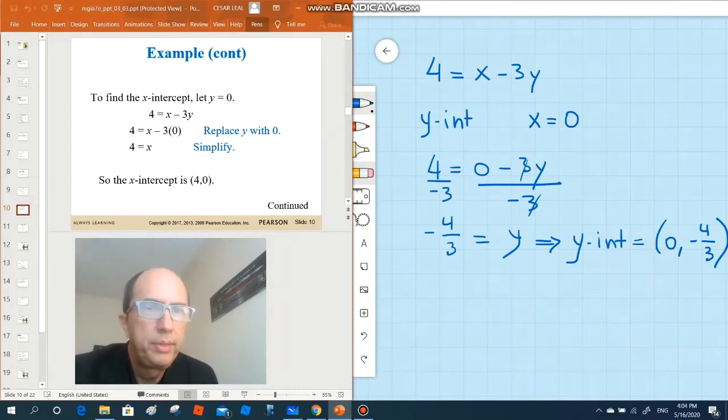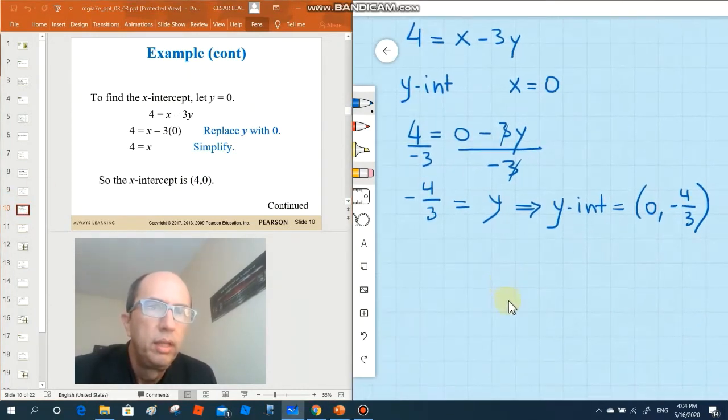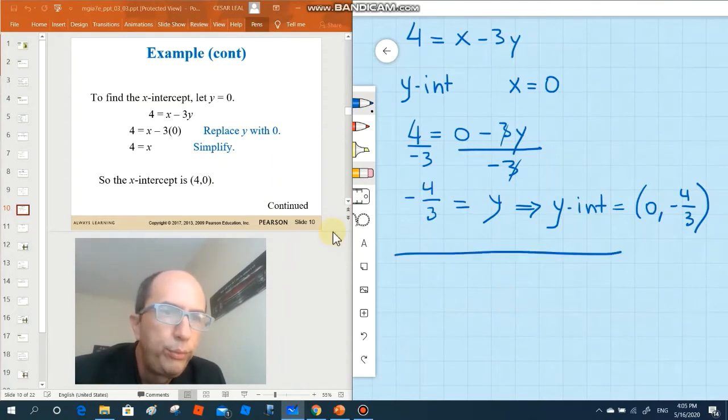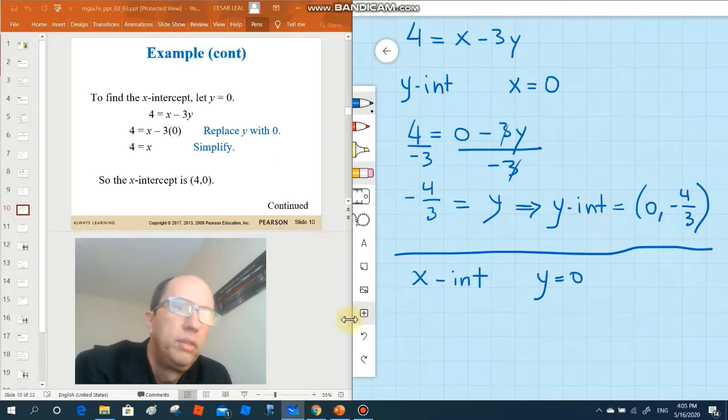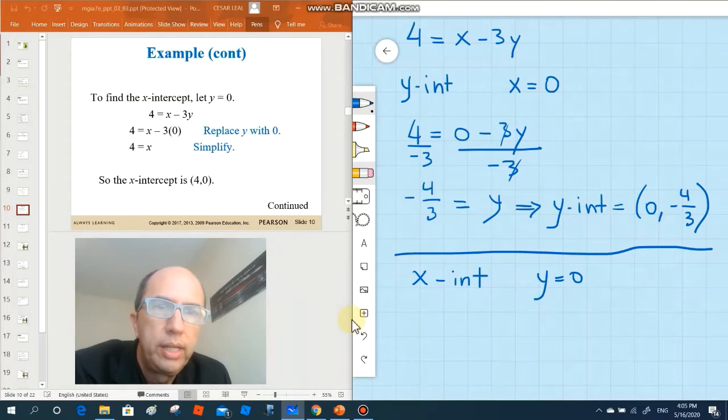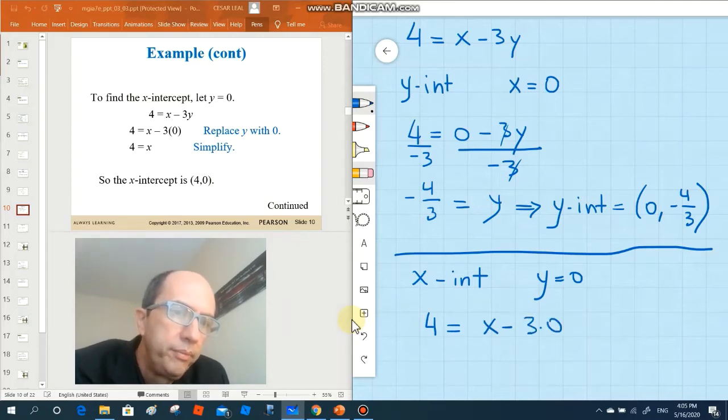Find the x-intercept now. To find the x-intercept, what should you do? What's going to be 0? Y is going to be 0. So you plug in y equals 0 in the function, and that means 4 equals x minus 3 times 0.